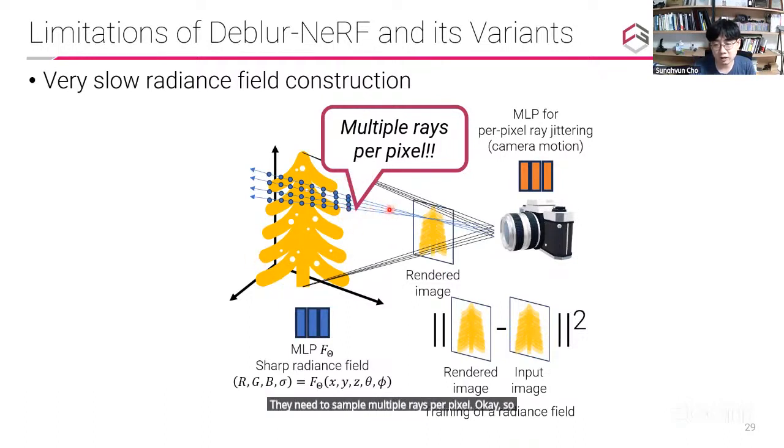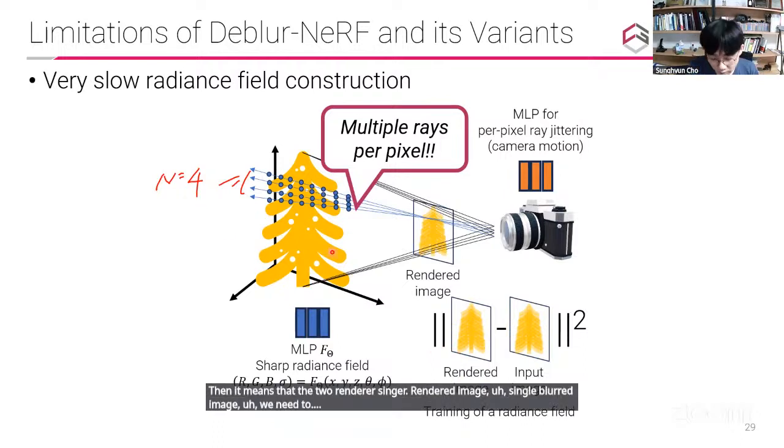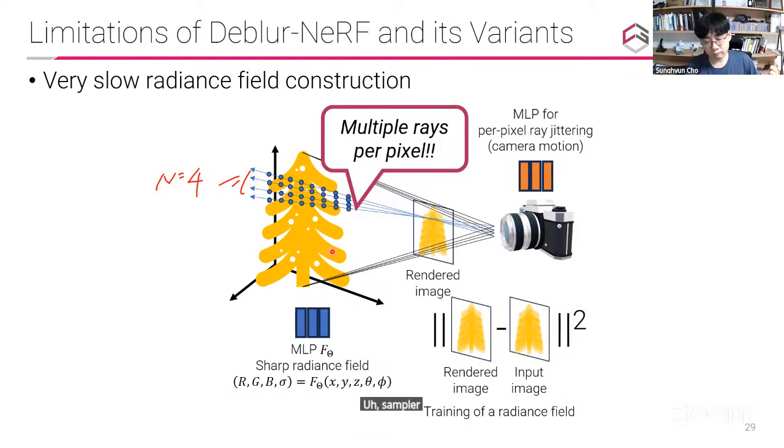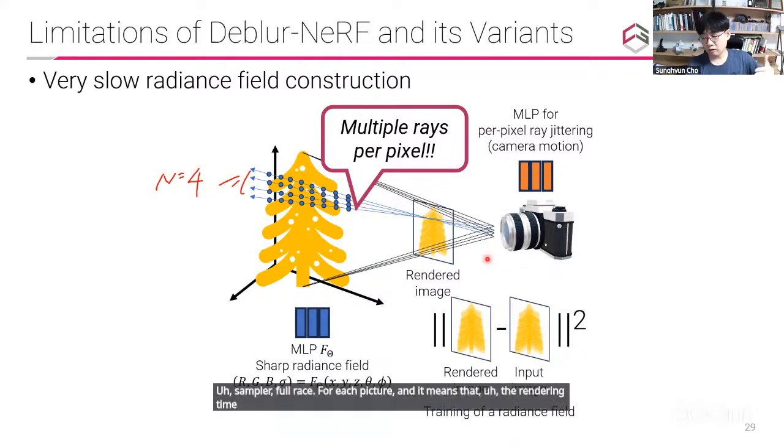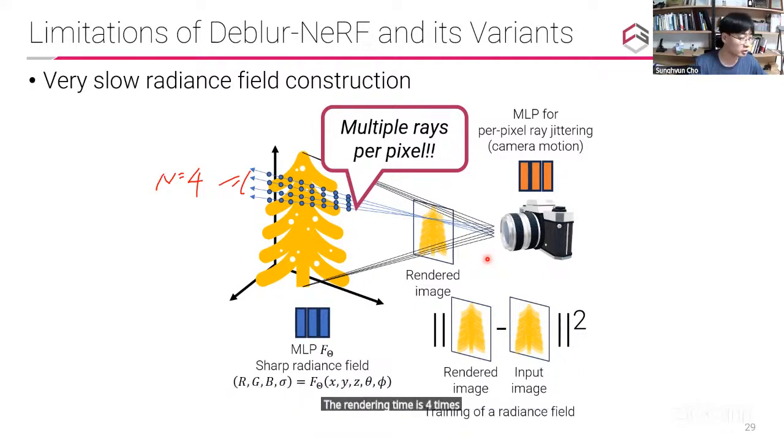For example, if n is 4, then to render a single blurred image, we need to sample 4 rays for each pixel, which means the rendering time is 4 times slower than that of the conventional NeRF.